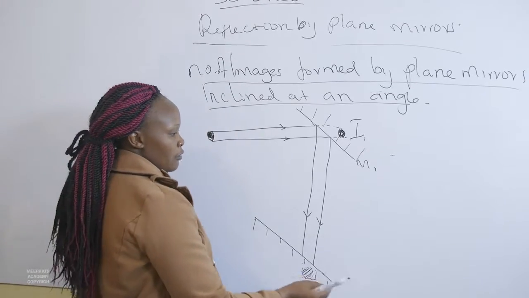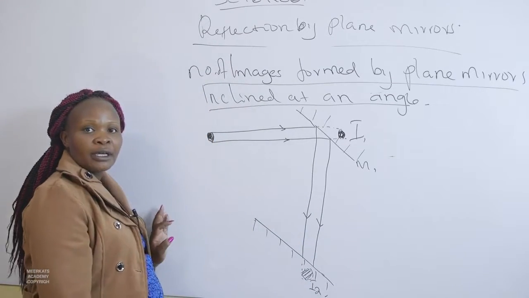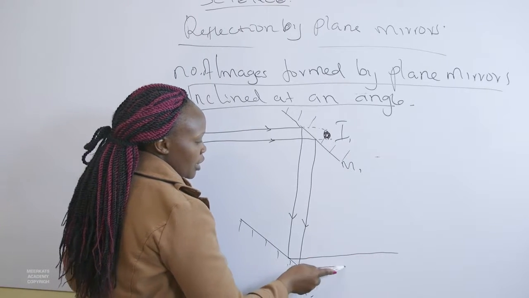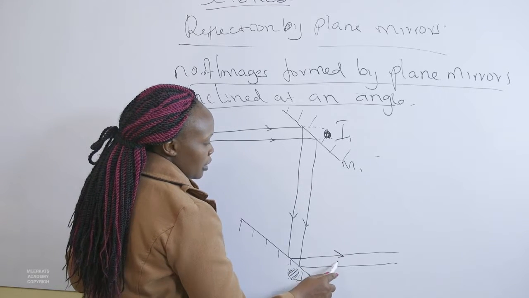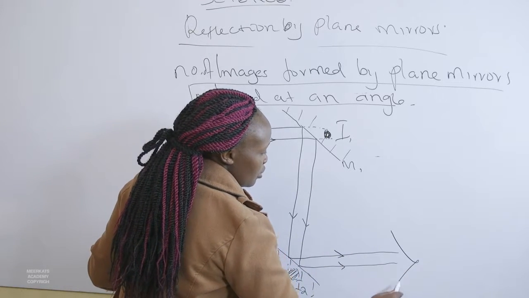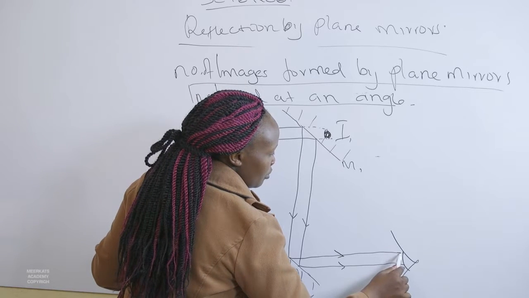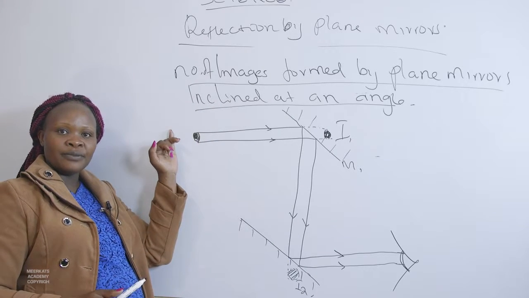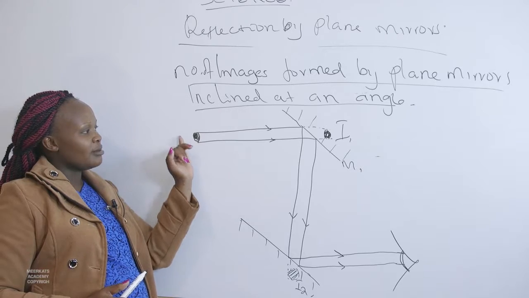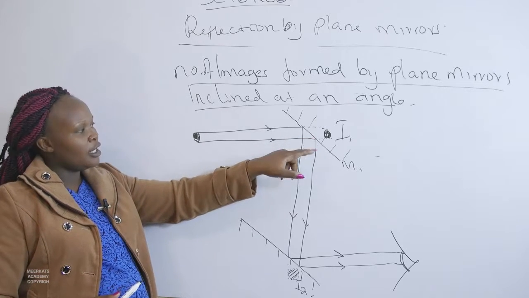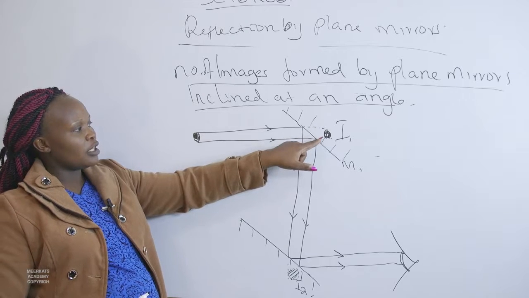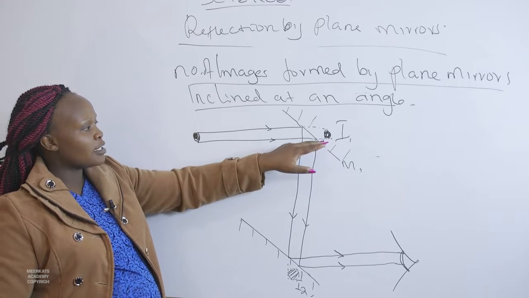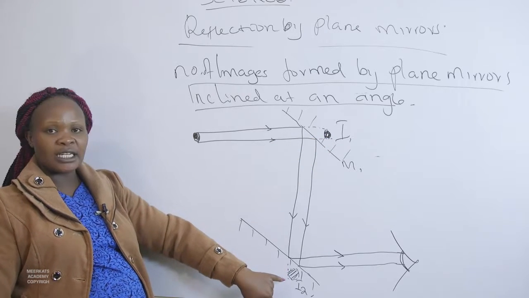And then, if you are somewhere here observing, you will have some rays from the second mirror coming to your eye. That you have an object, some rays travel to mirror 1, forming an image that we are calling the first image. This first image behaves as if it is the object for the second mirror.